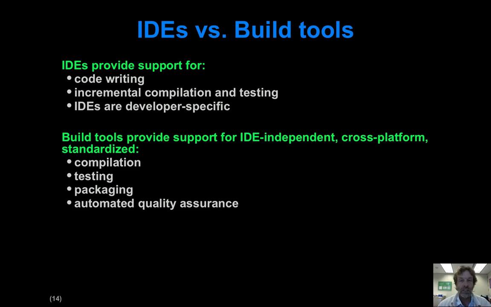So even though Eclipse has support for running JUnit tests from within the IDE, you wouldn't want to force everybody to use Eclipse on your project, or say, okay, if you're not using Eclipse, then you don't have to do any testing. That would be ridiculous.